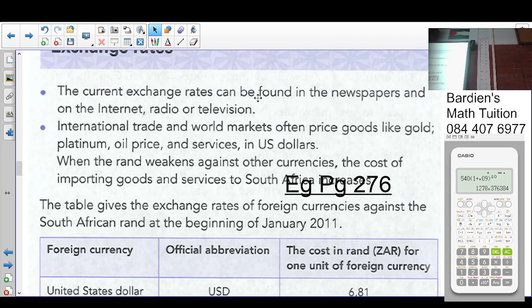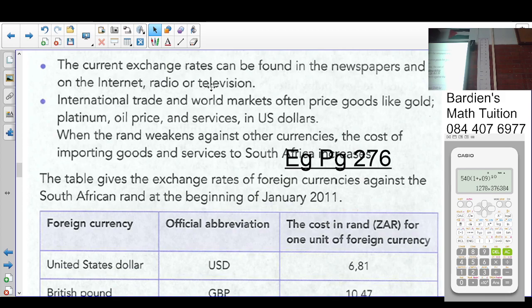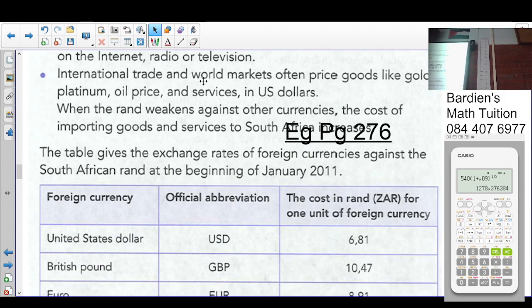So let's read again. The current exchange rate can be found in newspapers and on the internet, radio stations, and television. Normally it's given after the news is read. They give you the markets and all of those things. The international trade and world markets often price goods like gold, platinum, oil prices, and services in US dollars.